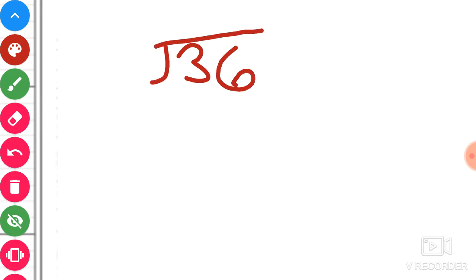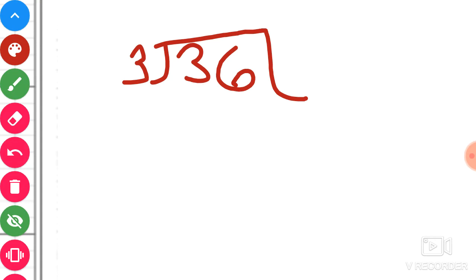Okay, let us take one more example. 36 divided by 3. What we will do? We will start from the leftmost side. 3. क्या 3 के टेबल में 3 आता है? देखो, सबसे पहले what we will do?